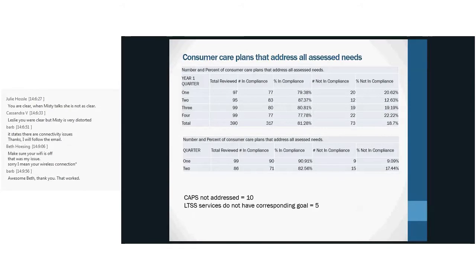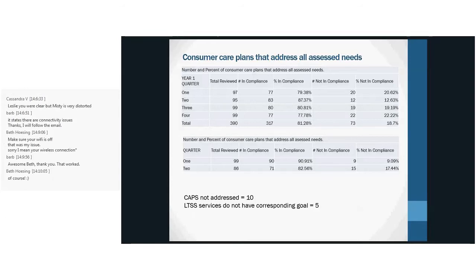Okay, as long as there's no questions, I'm going to move right into the service plan performance measures. For consumer care plans that addressed all assessed needs, we were at 82.5% compliance with this. As some of you might remember, our goal is to get 86% compliance, and this is one of our performance measures that we've kind of struggled with over the years, and we've had some increases and decreases, as you can see in year 1.